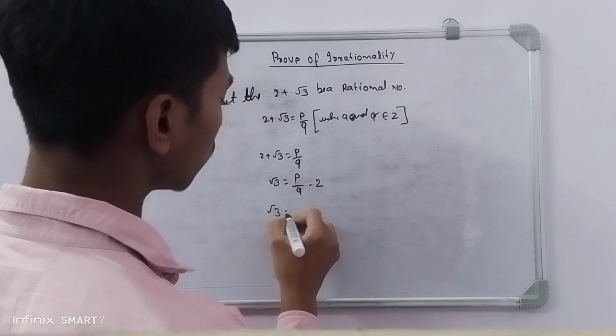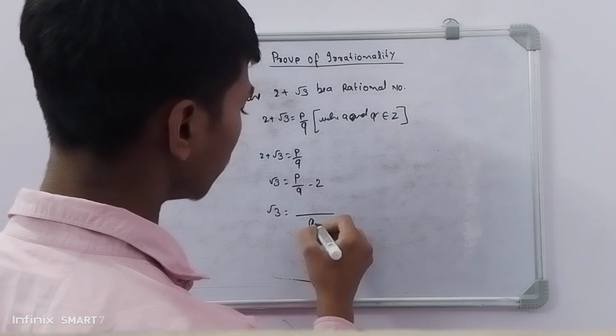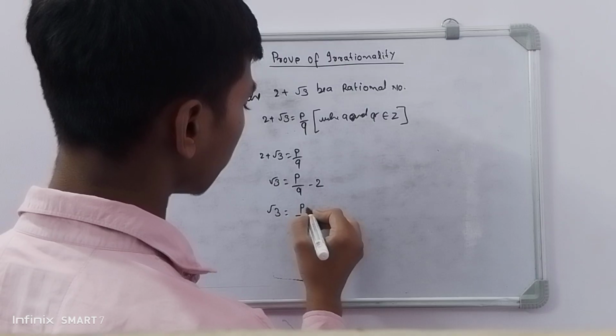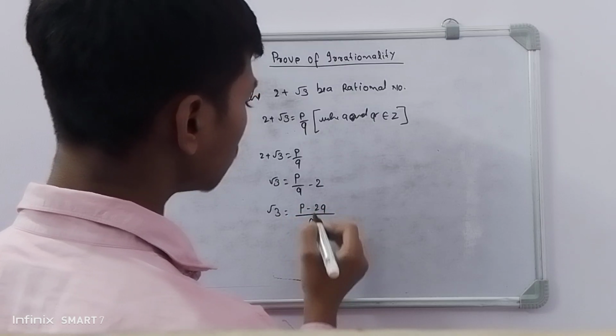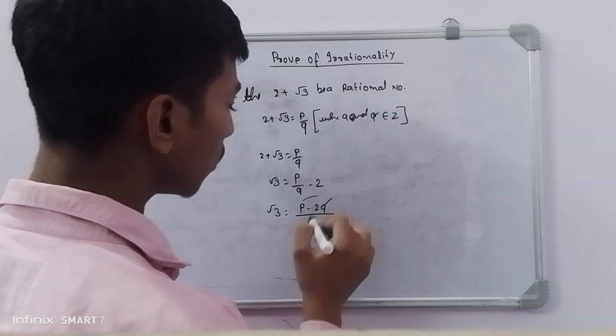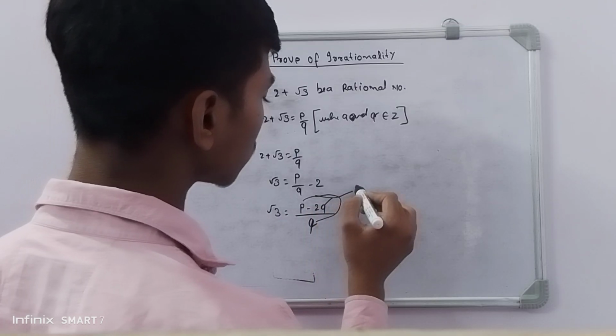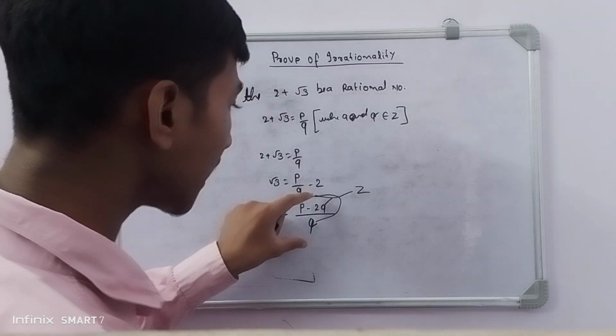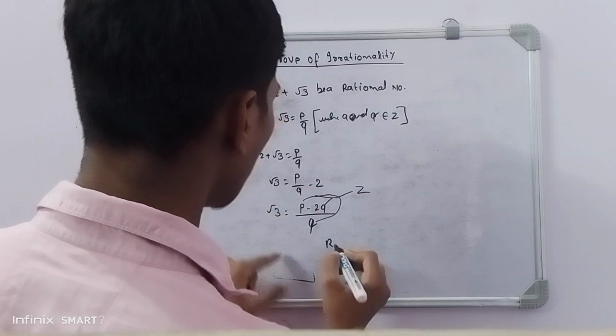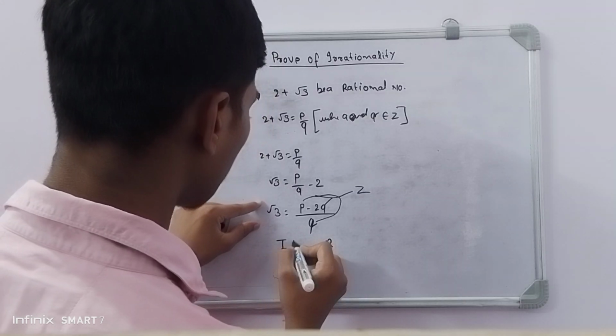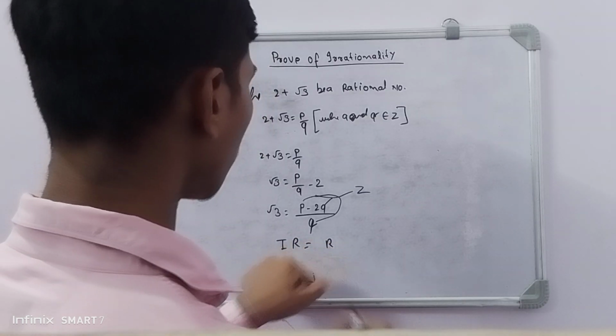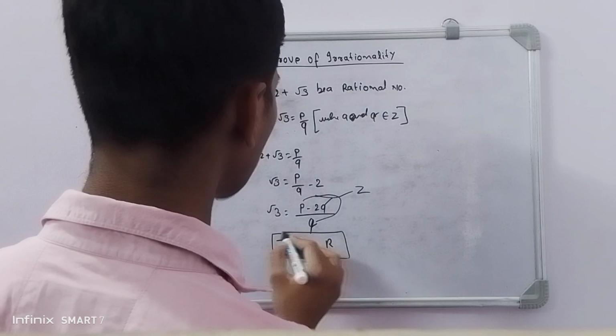Root 3 is equal to, when you take the LCM, which will be q, here you will get p minus 2q upon q. As you are able to see, p and q both belong to the integers, that means this side is going to be a rational number and root 3 is an irrational number. So an irrational number cannot be equal to a rational number.